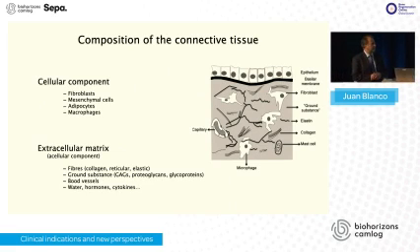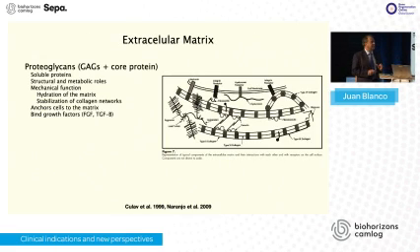And it is very important to understand that this acellular component, this extracellular matrix, is composed of different materials. We have fibers, and we also have ground substance with different proteins. And this is very important because probably here is the difference.